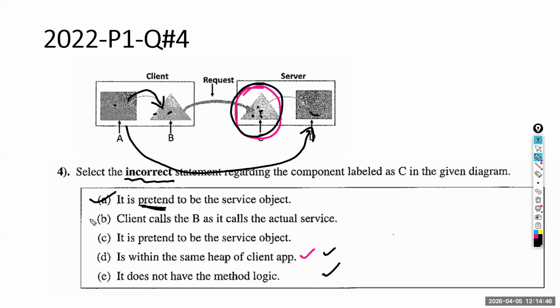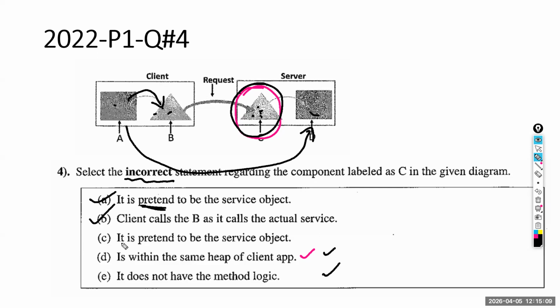So therefore, yes, client calls B as pretending it calls the actual service. Okay. So it's a little bit fuzzy, the wording, but it looks okay, right? Client calls B as if it calls this. As if it calls this, actually client calls B. Okay.